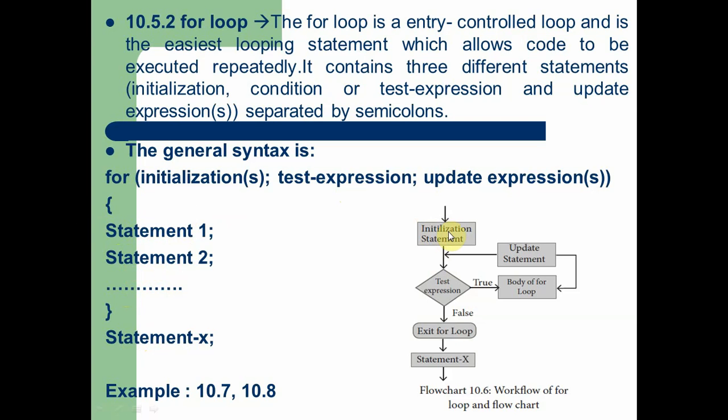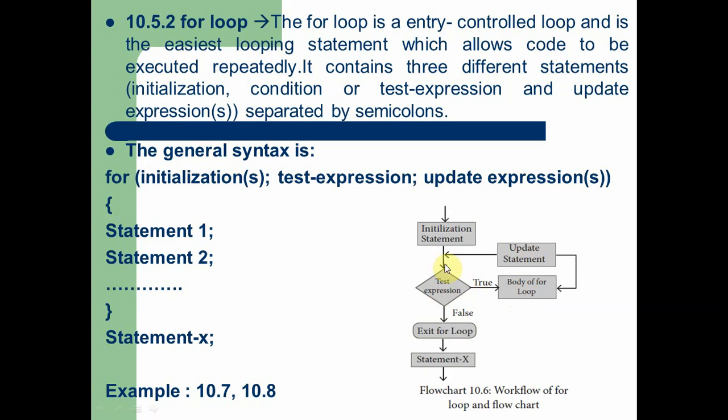Here you can see the initialization statement executes the very first time, and only once, when the loop starts. After that, the test expression is evaluated. If it returns non-zero, then the body of the loop executes and the update statement executes. Again, the test expression is evaluated for the second time. If it again returns non-zero, that is true, the body of the loop executes, then the update statement, and the test expression is evaluated for the third time.